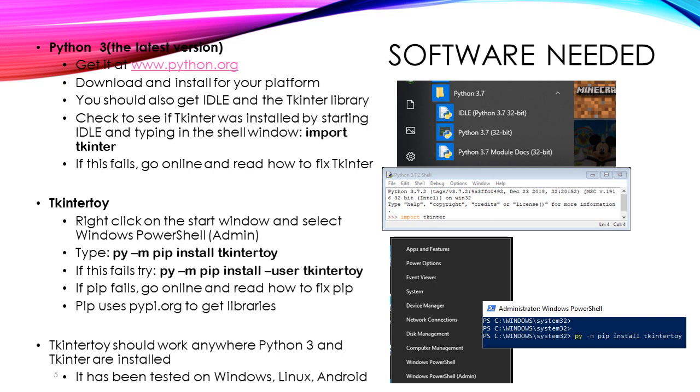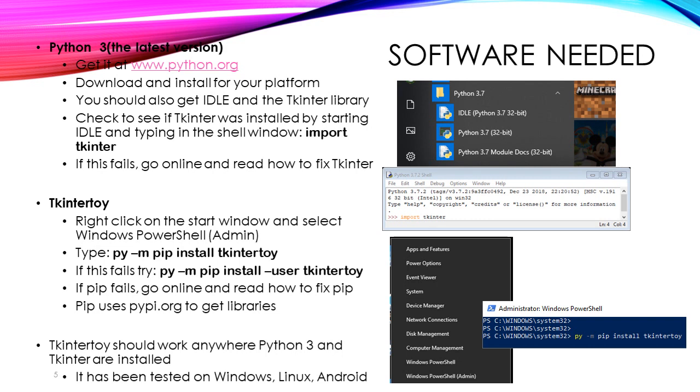After you install Python, go to your Start menu and bring up IDLE. It should be under the Python group. And then you'll see something that pops up, which we will call the shell window. And there's three greater than signs. That's called a prompt. In that prompt, I want you to type the word import and then a space and the word tkinter and then hit enter.